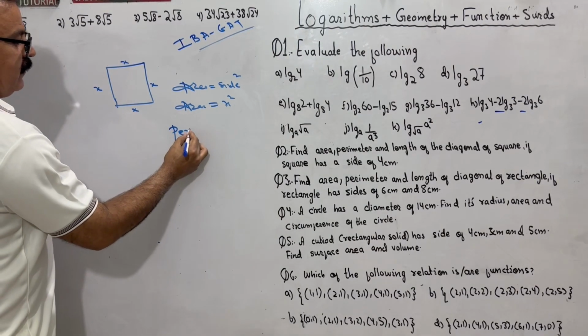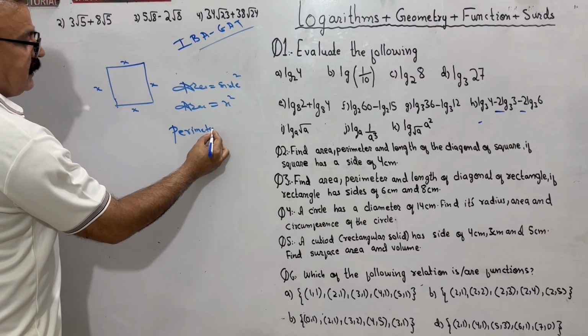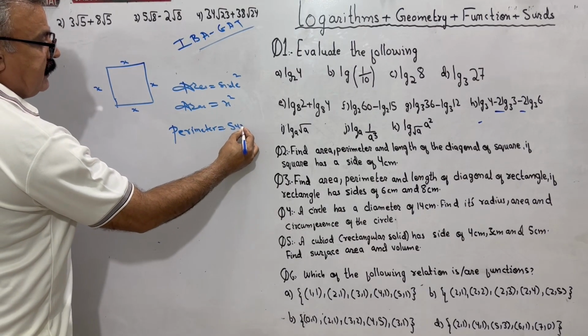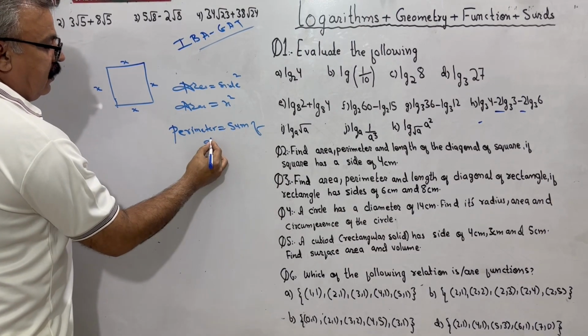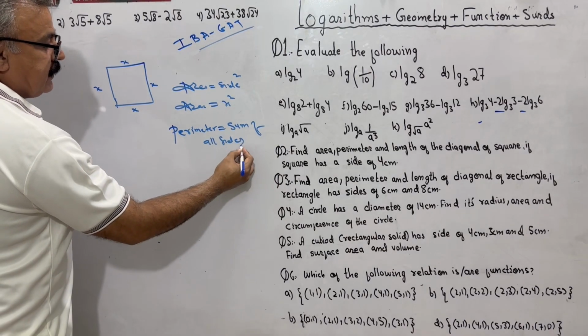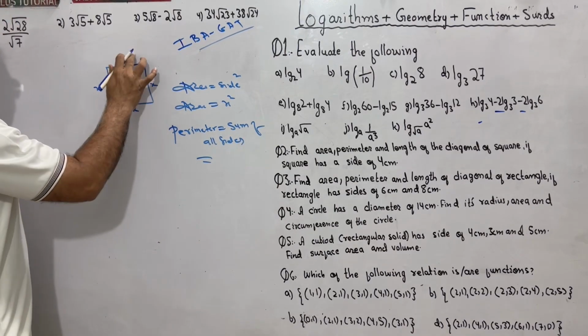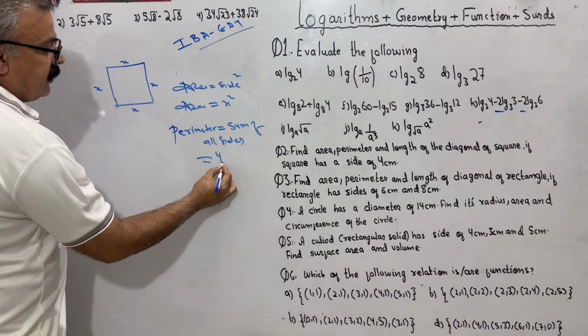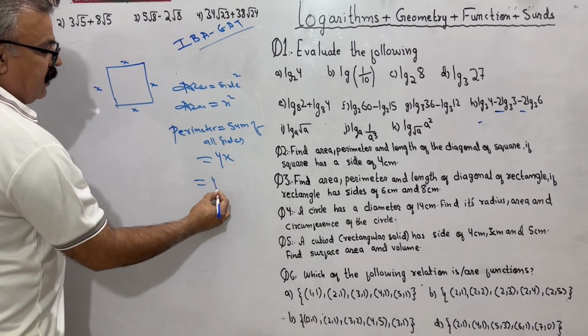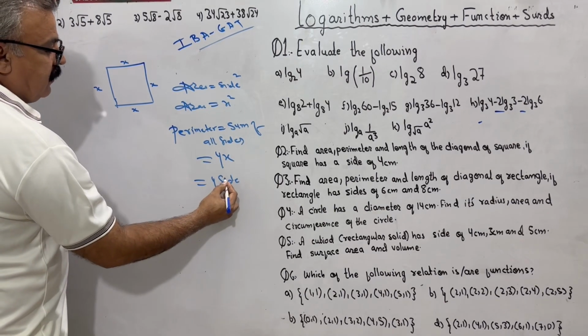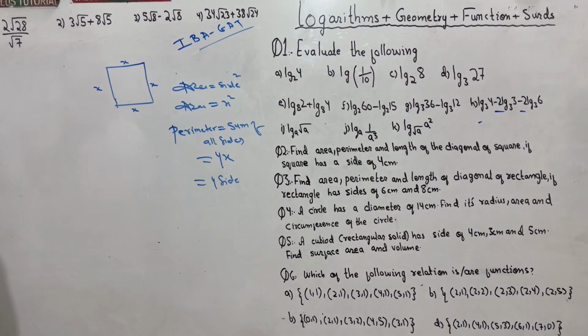Perimeter stands for the sum of all sides: x plus x plus x plus x, which means 4 times x, or 4 times side. What about diagonal? Let's see and find out.